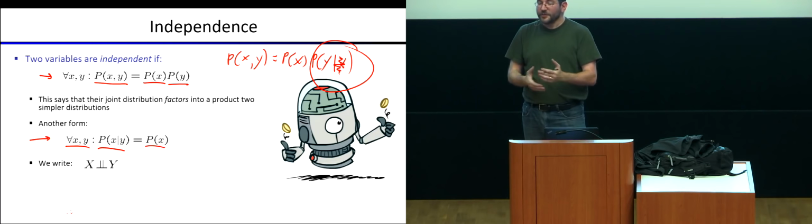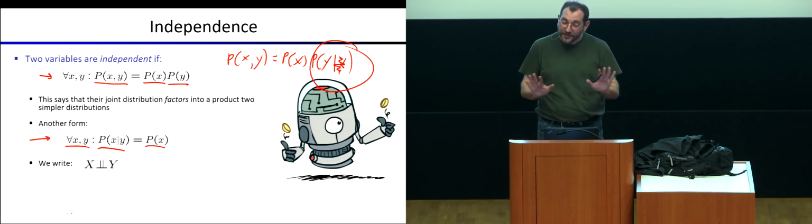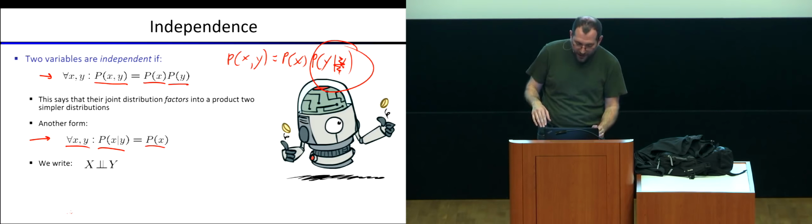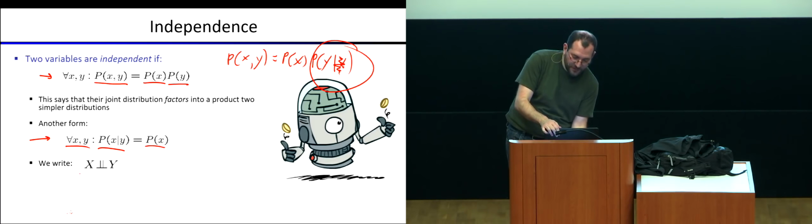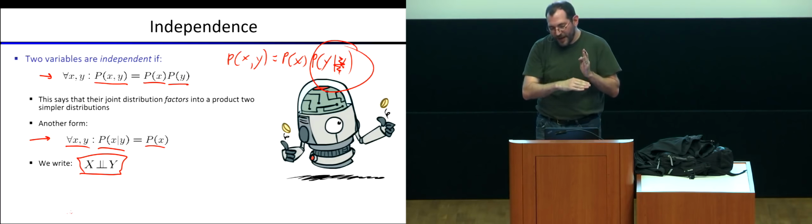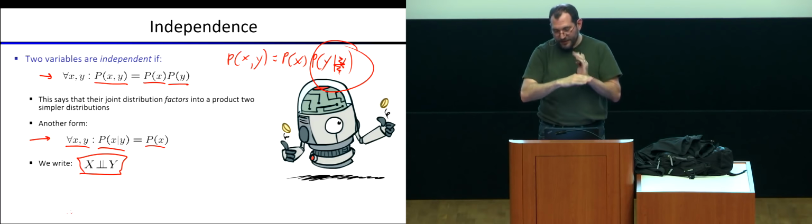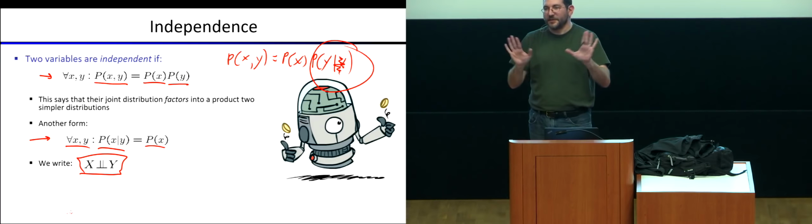That is, learning something about y doesn't change my belief in x at all. And if that's true, then we say x and y are independent. We write that this way. That little thing between x and y, you can think of that as a sort of perpendicular sign. It says they're, in some deep sense, independent. They're doing their own thing, so that looks like a perpendicular sign. Okay?